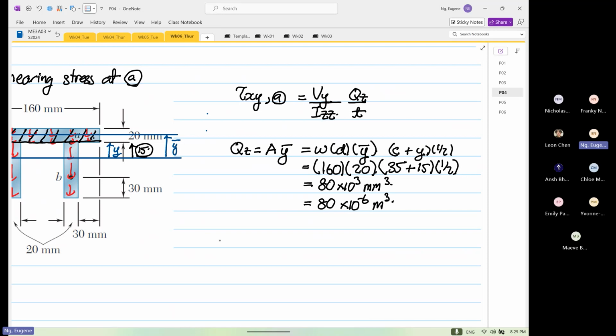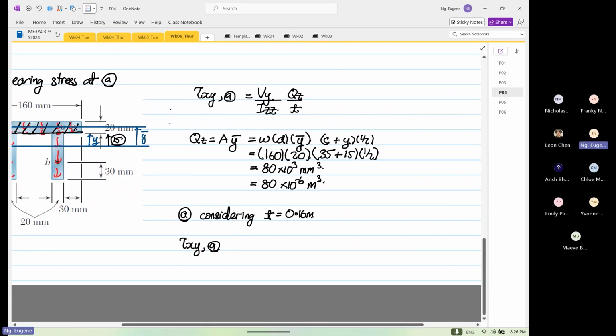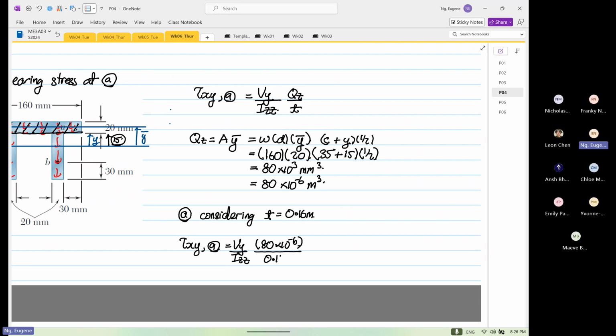So if we were to determine at point A, considering T is equal to 0.16 meters, your shear xy at point A will be equal to Vy over Izz, then you have 80 times 10 to the power minus 6, and then divide by 0.16.